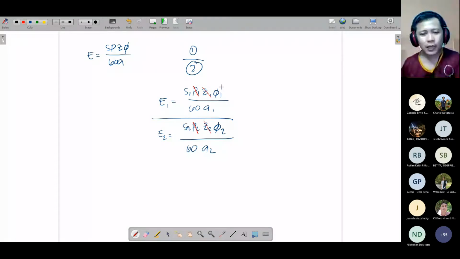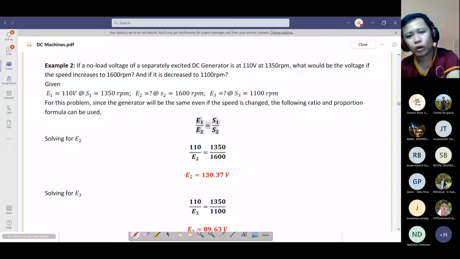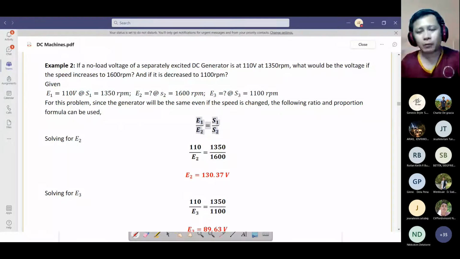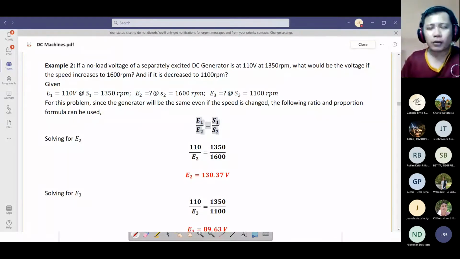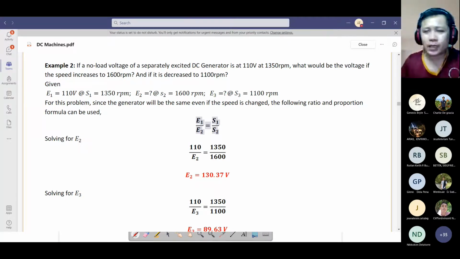Now, there are times the problem will state that the flux was changed. Or it can be learned indirectly that the flux will change. Don't worry, I will explain it to you later in further examples. You can determine that the flux can change even if the problem did not state it.